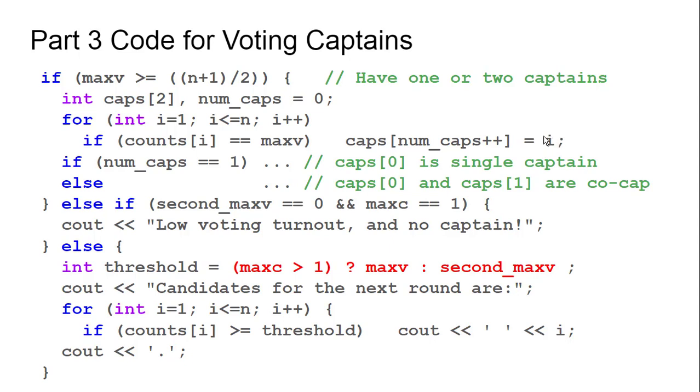I store that player's ID into caps, starting with caps 0, and after storing, numCap increases by 1. The next time I see the second one, it will be caps 1. When this condition is satisfied, it's guaranteed that at most 2 players received at least half of the votes, so an index out of bounds will not occur. We will not execute this part more than 2 times.